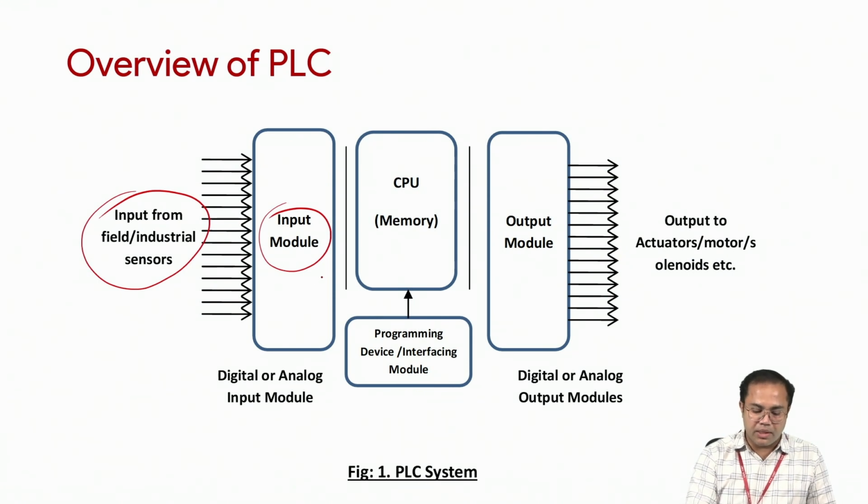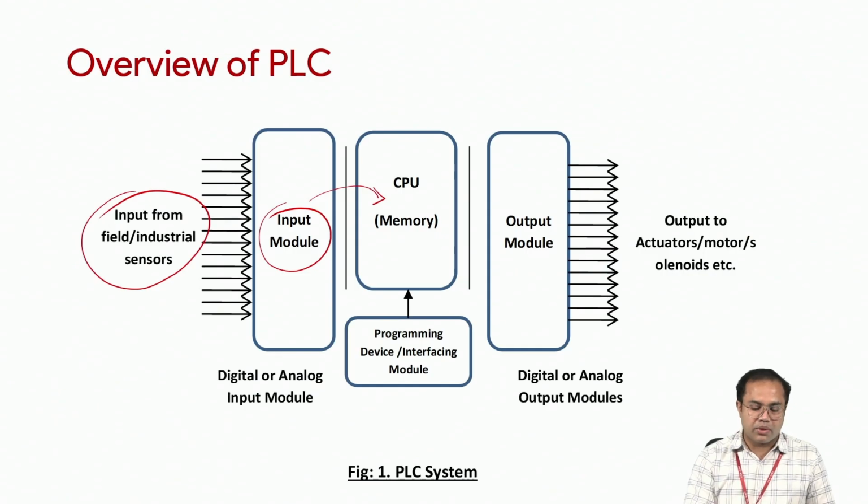And this information is conveyed to the CPU by optical isolation. Here, there is no wired communication between the input module and the CPU. The communication is without wires, through optical isolation; the data is transmitted. You may ask, why this isolation?